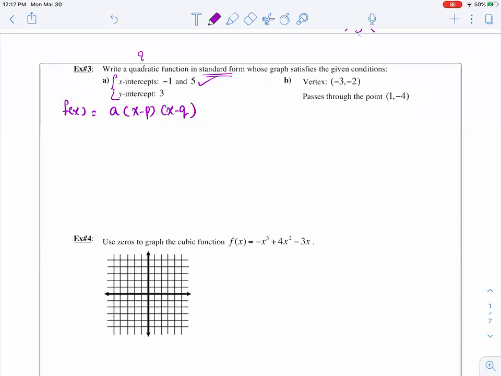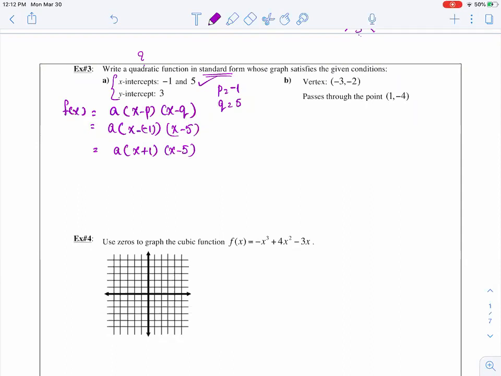So it's x plus 1 and x minus 5. Let's put it back into the equation: a times (x minus -1) times (x minus 5), and the minus negative becomes a plus 1, so a times (x plus 1) times (x minus 5).